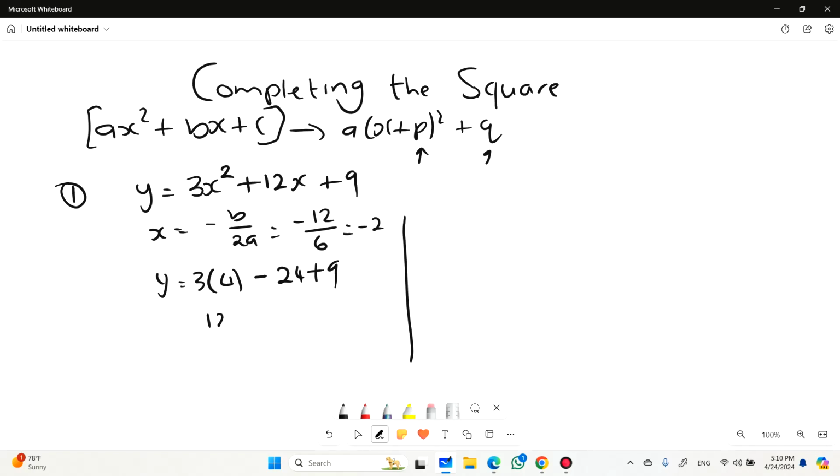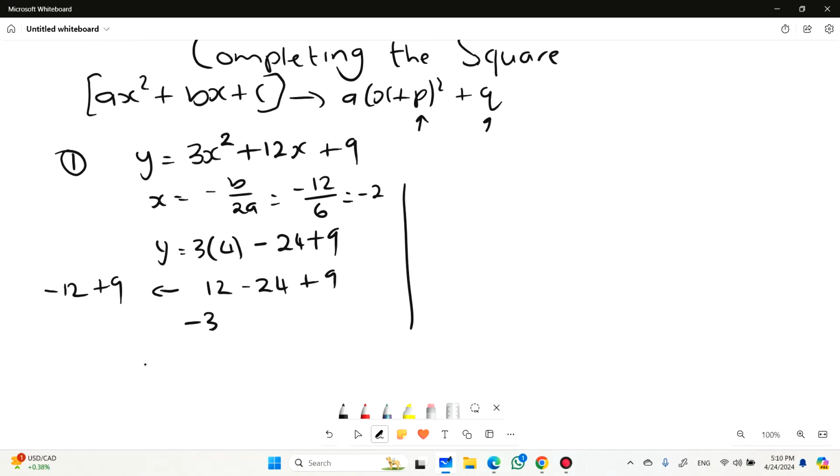So here I got 12 minus 24 plus 9, which is negative 12 plus 9, that's negative 3.